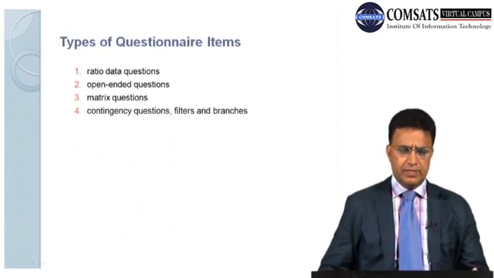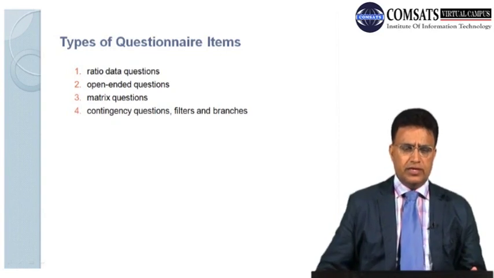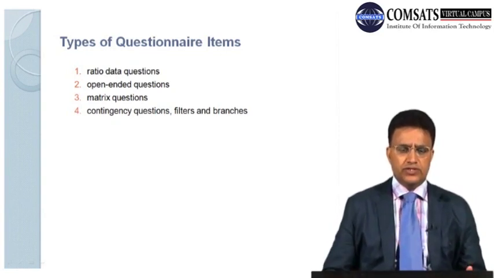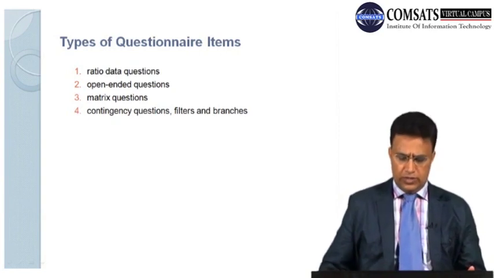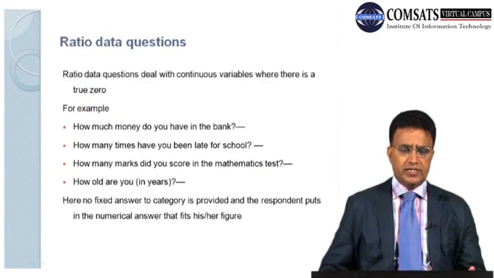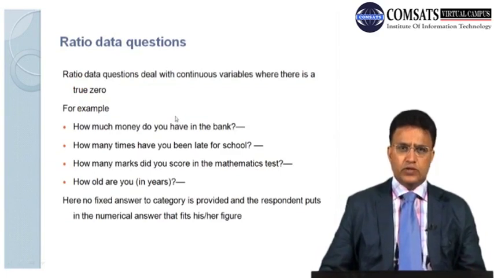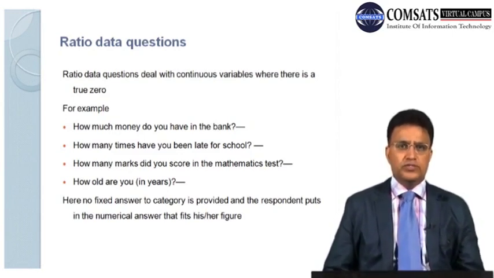Let's discuss the remaining 4 types of the questions which we couldn't cover in the last session. We were on ratio data questions, if you can recall, and there we discussed this example which you can see over here, that ratio data questions deal with continuous variables where there is a true zero.